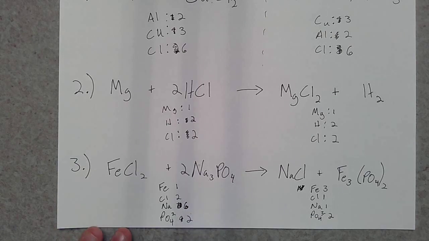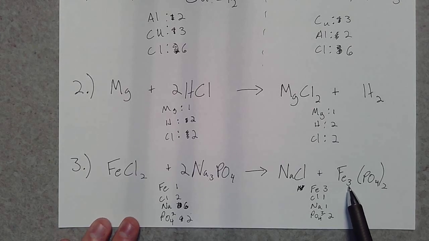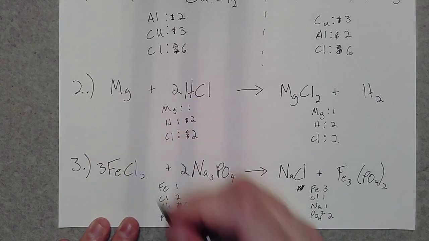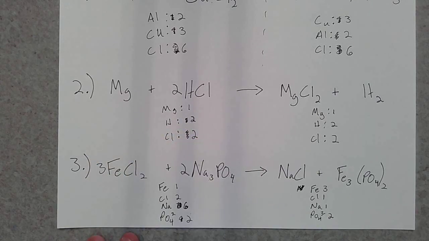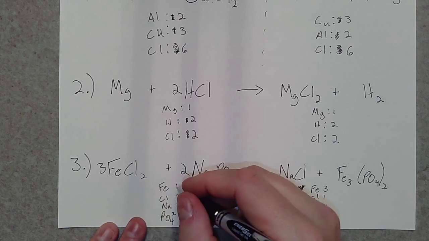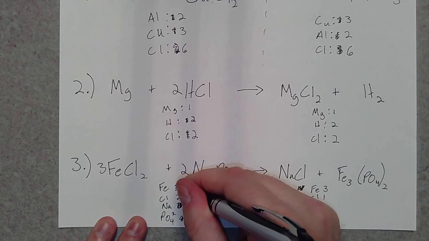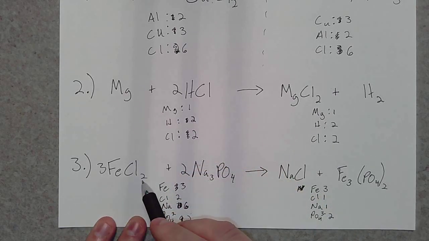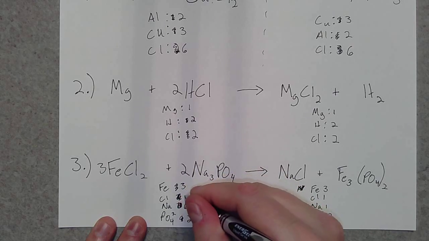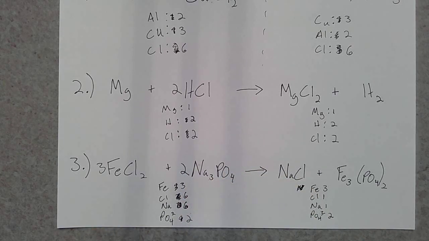So now let's look at the next part. So next part of this one is a 3. And I have 1 Fe over here, so I have 3 irons, 1 iron. So let's put a 3 on this, and let's readjust. So we're only changing things on this side. So my iron is 3, and 2 times 3 is 6, so I have 6 Cls. So here we are.